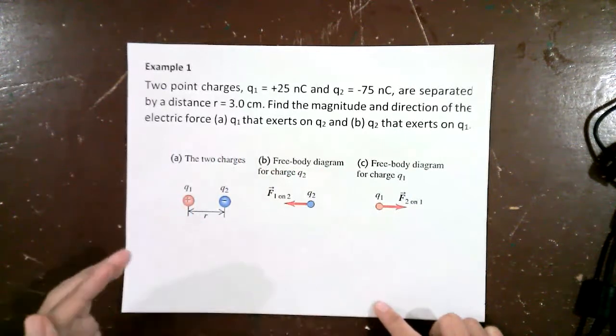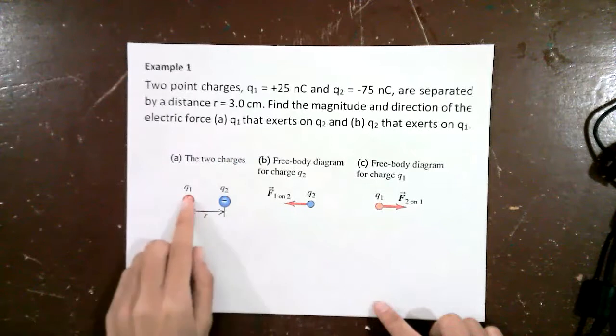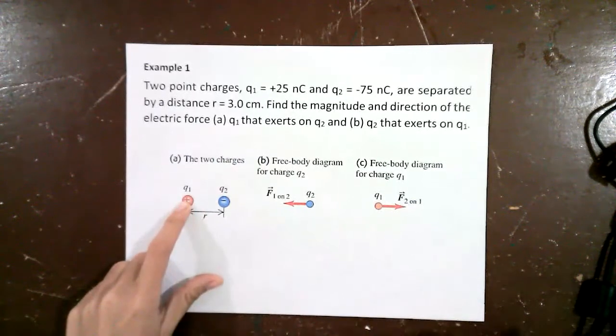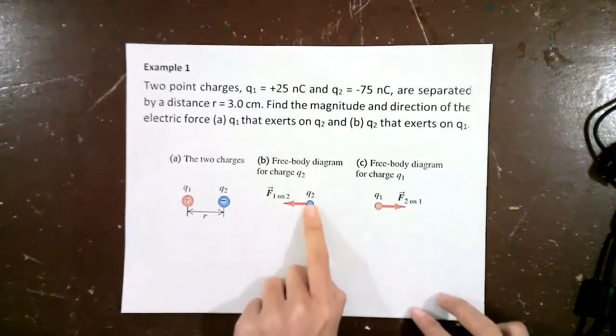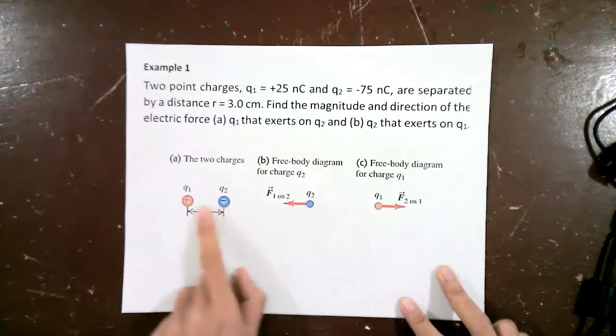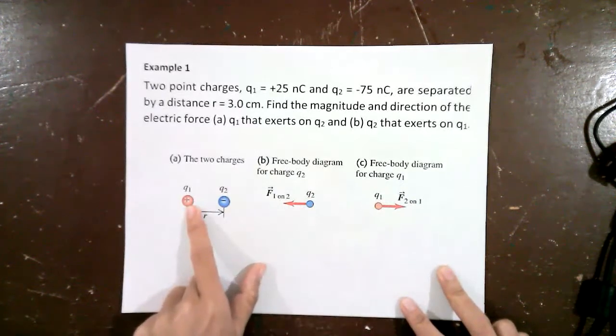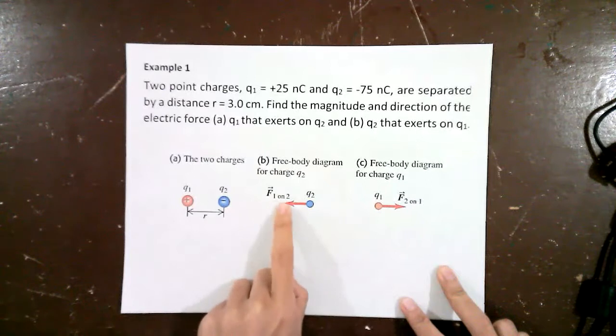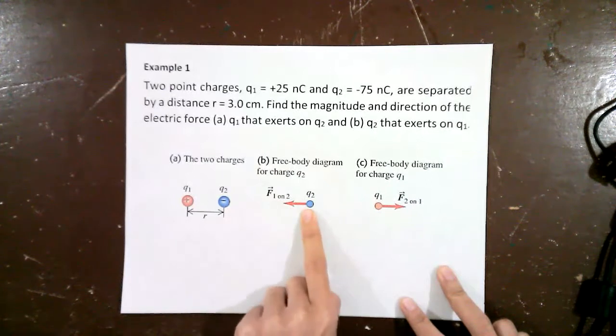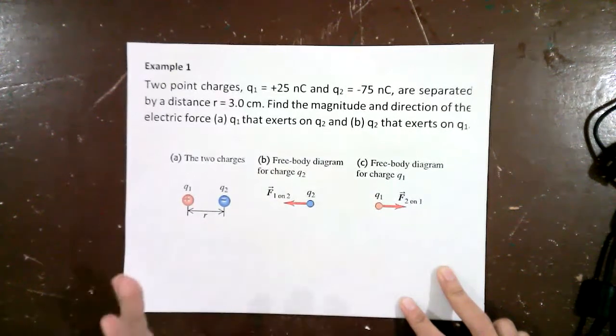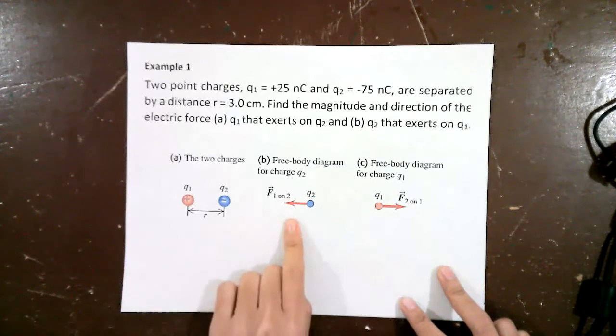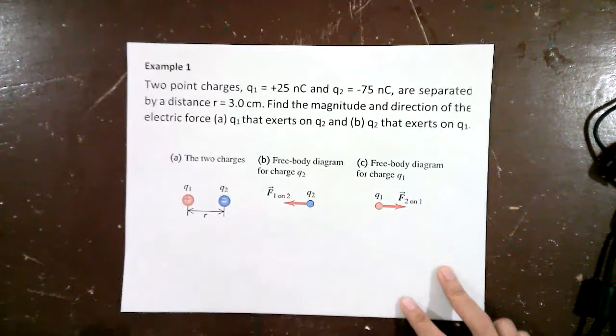So kung ano yung force na ini-exert ni Q1 kay Q2, basically it attracts Q2. So the direction of Q2 is going to Q1. Okay, so your force 1 on 2 is going to the negative x direction. Here we are going to use your Cartesian plane as a reference of the direction, so it is going to the negative direction.